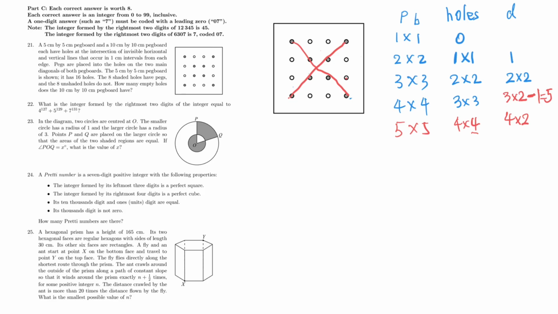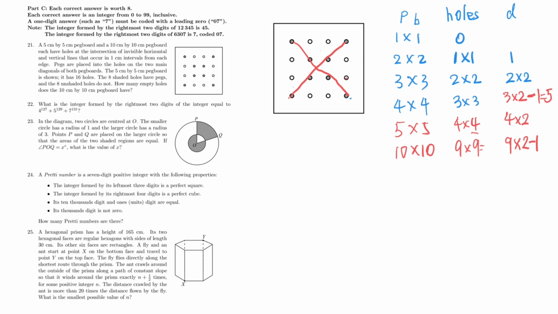So we can find the pattern. If it's 10 by 10, then the holes will be 9 times 9. That's 81. And how many holes on the diagonal? 9 is an odd number, so 9 times 2, since 2 make the diagonals, we need to minus 1.